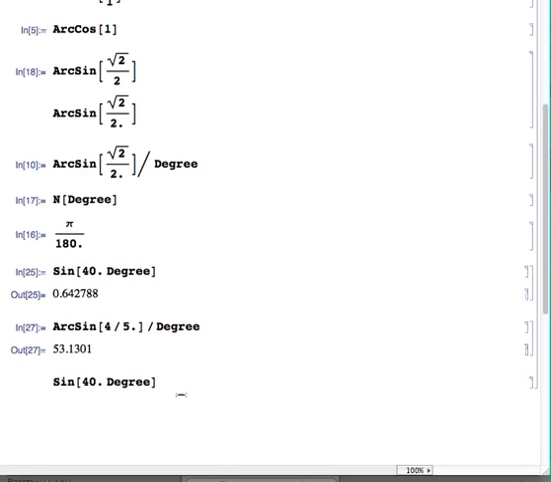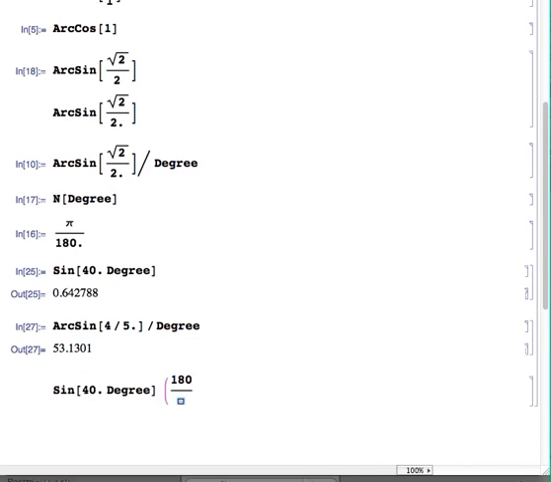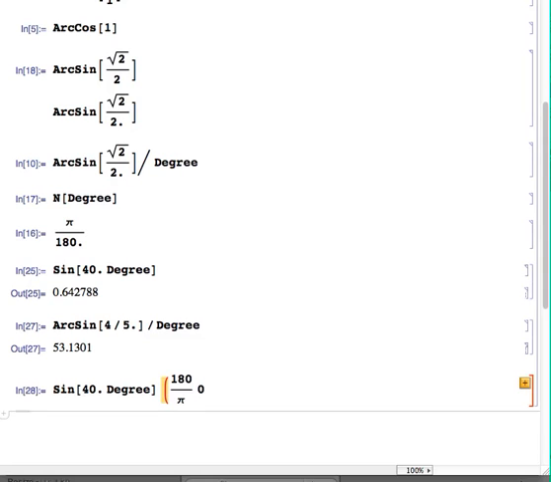Now, we could have done that just as easily by taking the sine of 40 degrees, pasting that here, and then multiplying that times 180 over pi, and we would have gotten, oops, let's back up here, we've got a little error. Good time to say, the brackets aren't matching here, so we'll put in this bracket. Now everything's black.